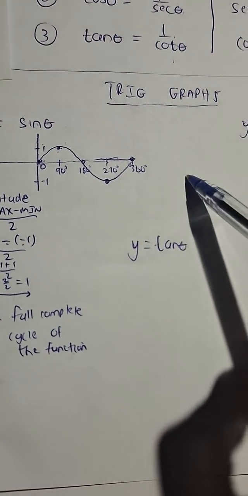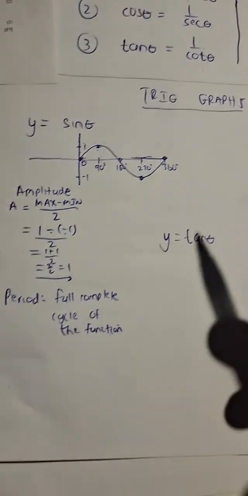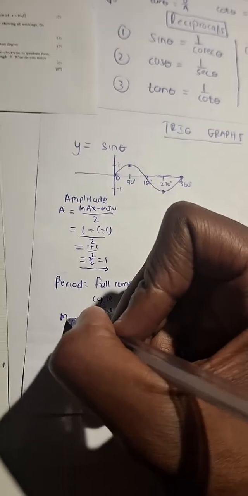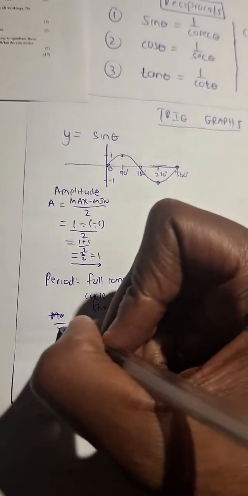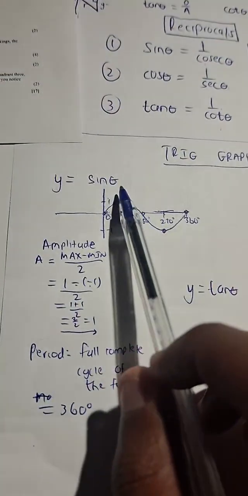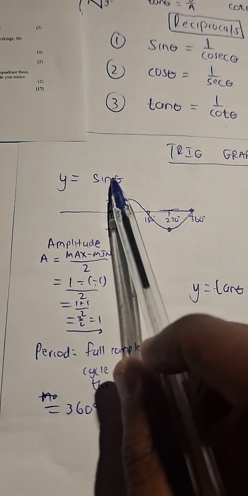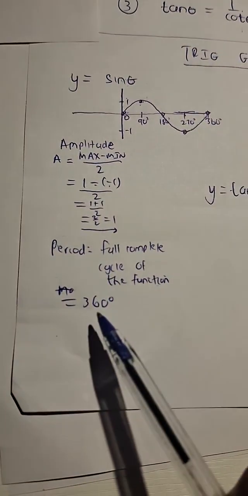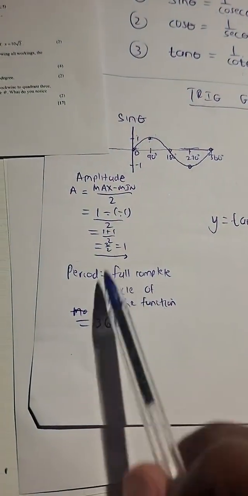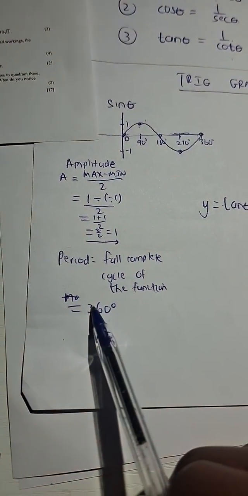And that cycle repeats itself every 360 degrees. So we say the period of the mother sine graph is equal to 360 degrees. The coefficient of theta is 1, so it stands to reason that the period is 360 degrees. So we have an amplitude of 1, a period of 360 degrees.